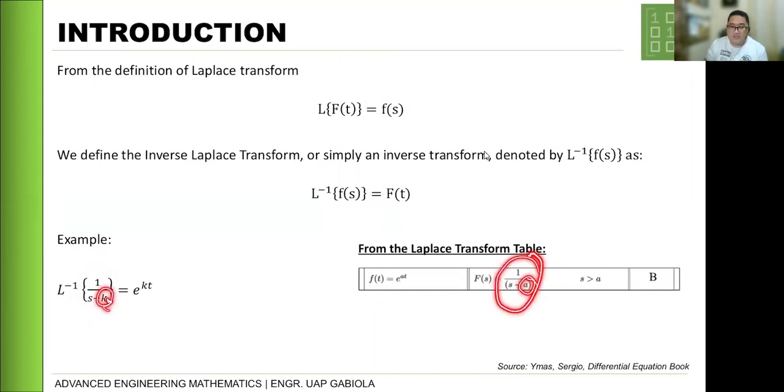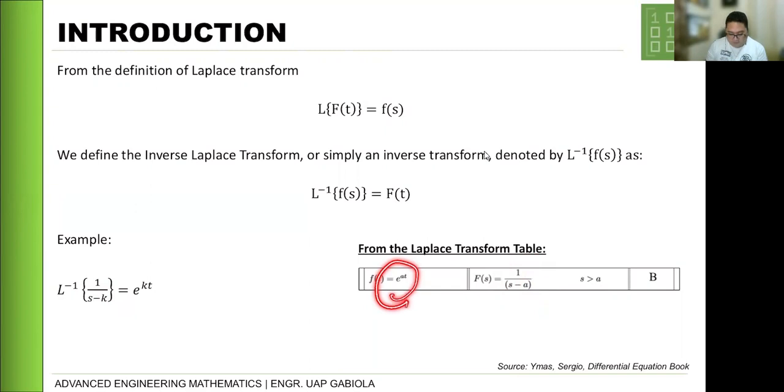If this is the transform equation and we want to convert it back to a function in terms of t, we will get the exponential of a t.